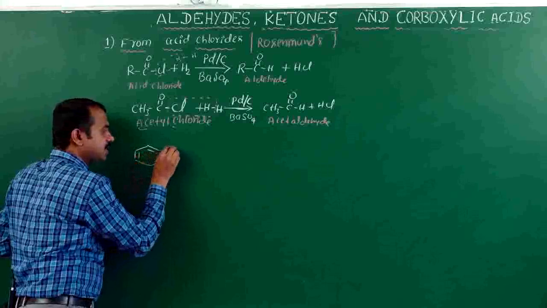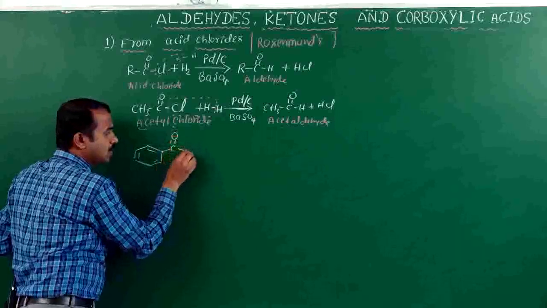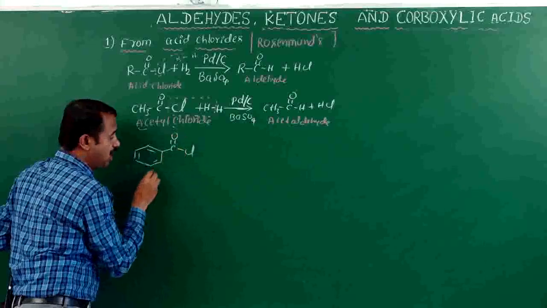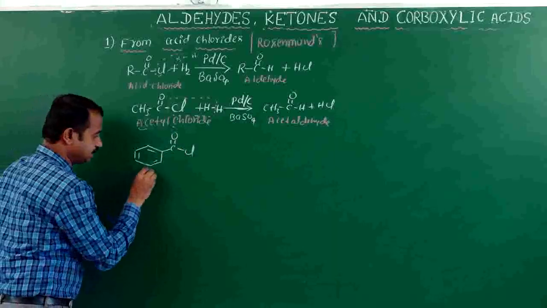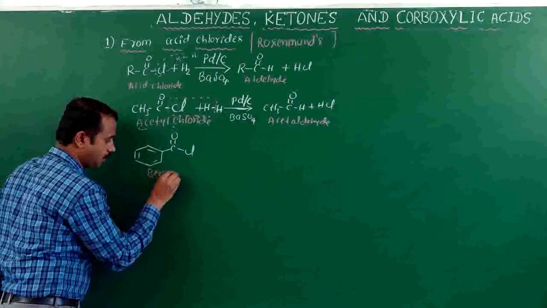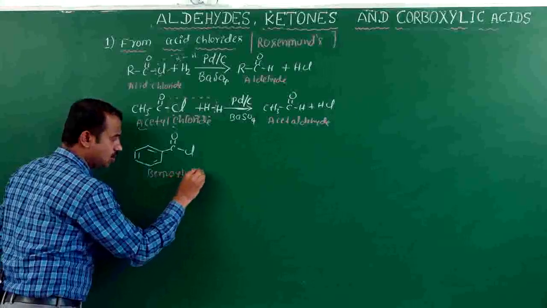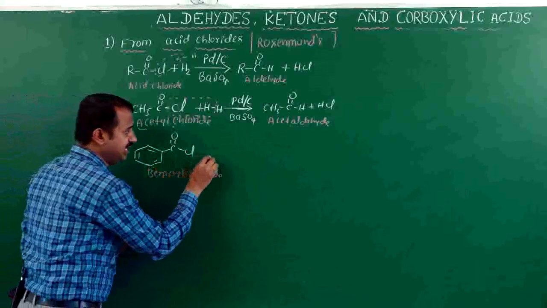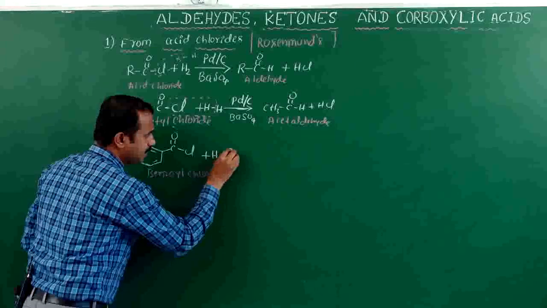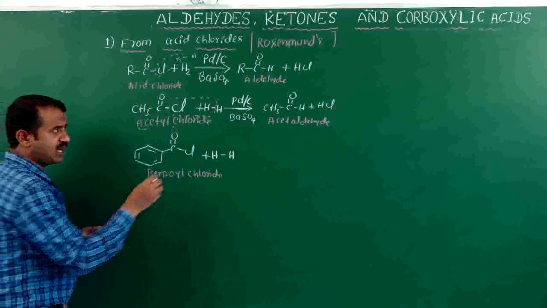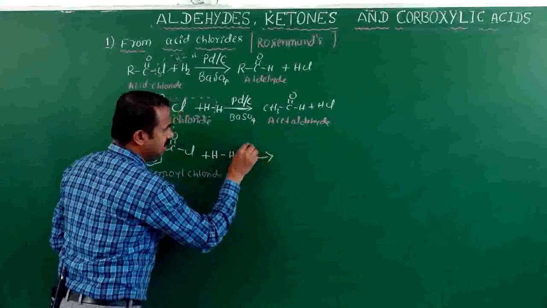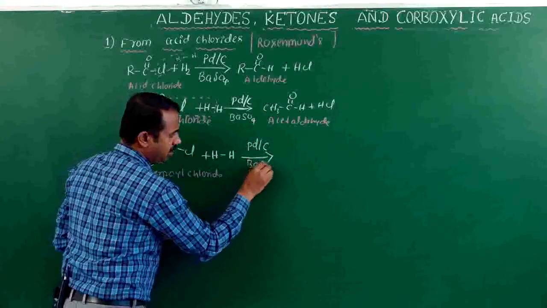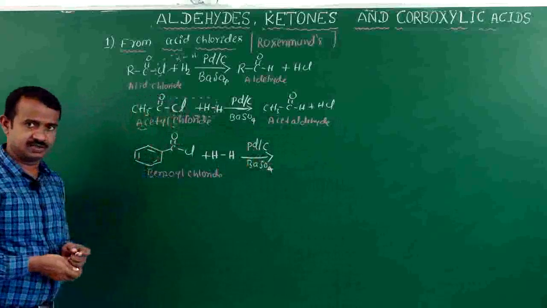Or in examination they will give directly this structure, benzoyl chloride, not benzyl, benzoyl chloride. When benzoyl chloride is reduced with hydrogen in presence of palladium on carbon using barium sulfate.